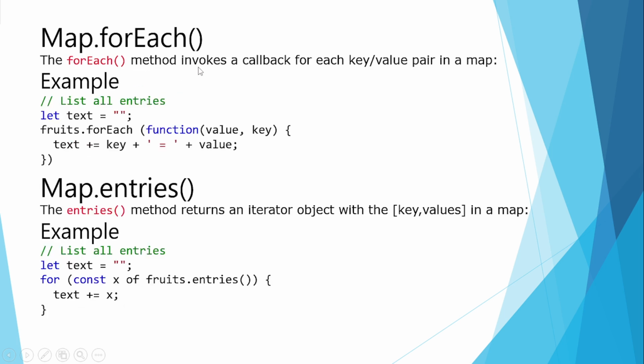The forEach method invokes a callback for each key-value pair in a map. It means it loops over all the key-value pairs of a map.